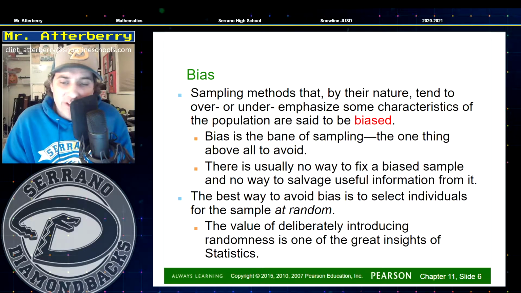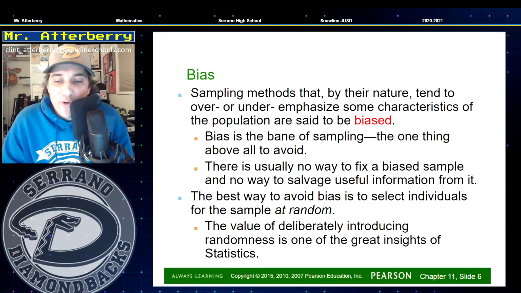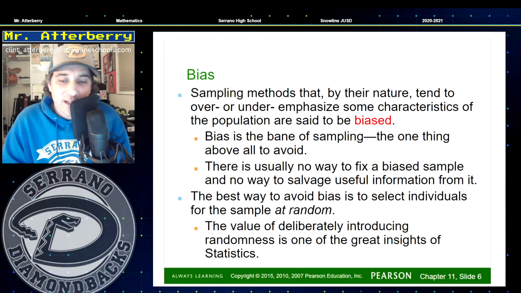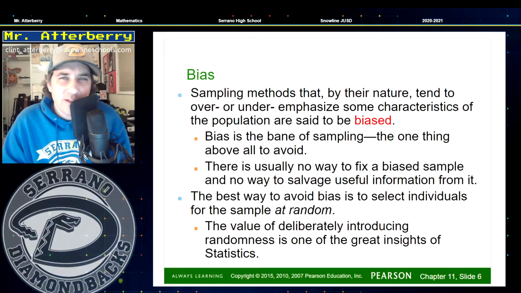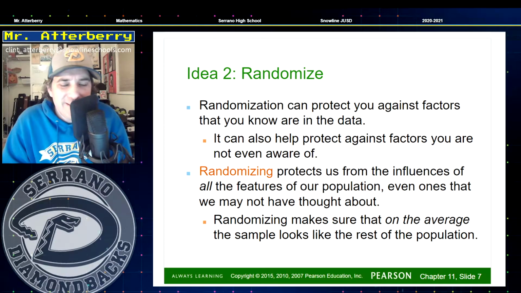Okay, the value of deliberately introducing randomness is one of the great insights of statistics. So remember, you are deliberately using randomness. You're not just willy-nilly getting whatever. No, you have to think about how you want to make it random. But here's the big idea too.